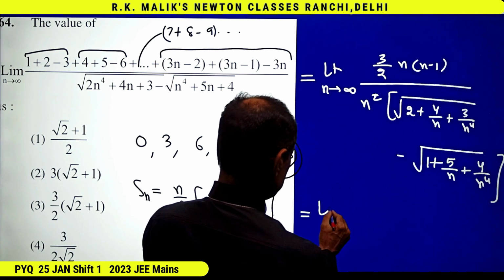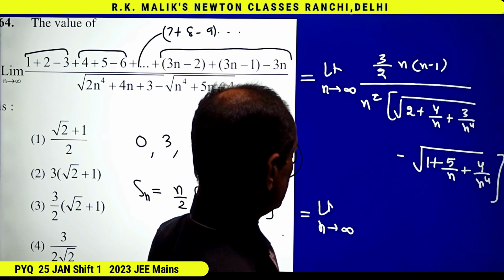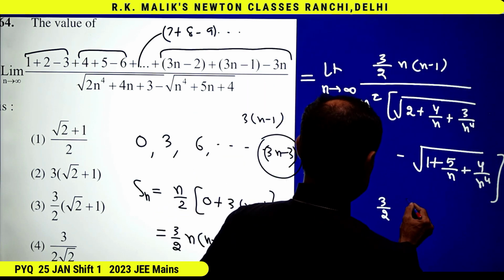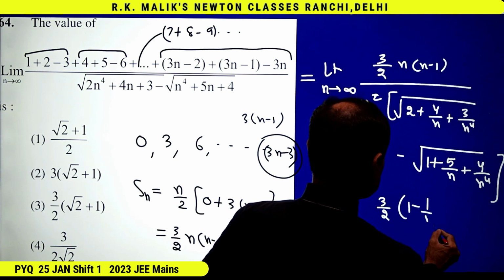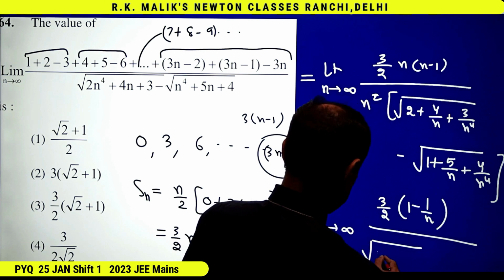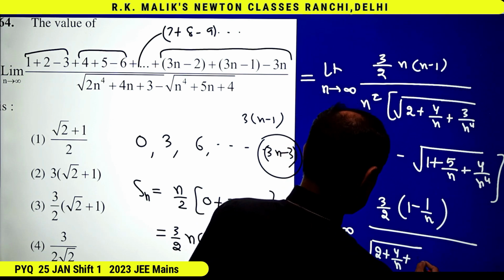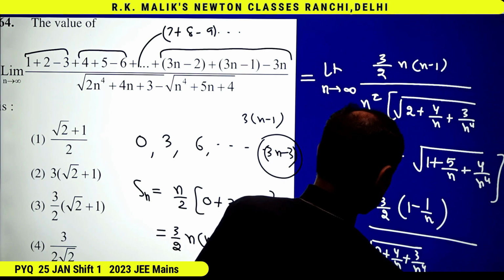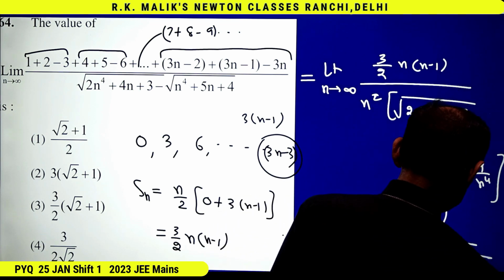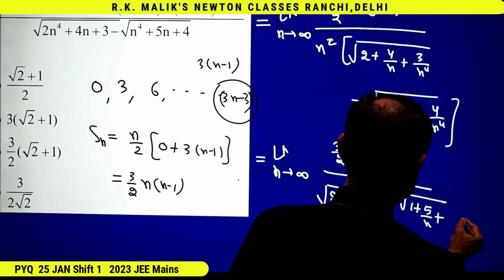That is equal to limit n tends to infinity 3 by 2 into 1 minus 1 by n upon under root 2 plus 4 by n plus 3 by n to the power 4 minus under root 1 plus 5 by n plus 4 by n to the power 4.